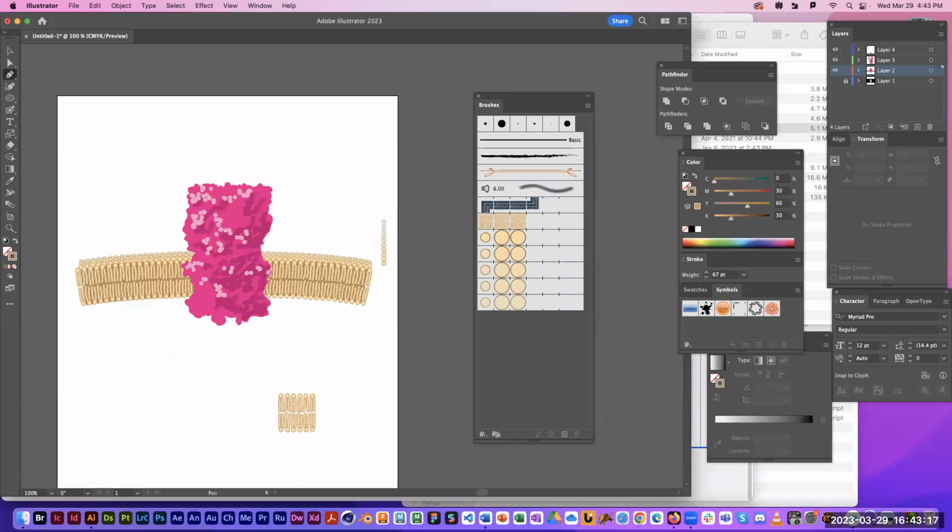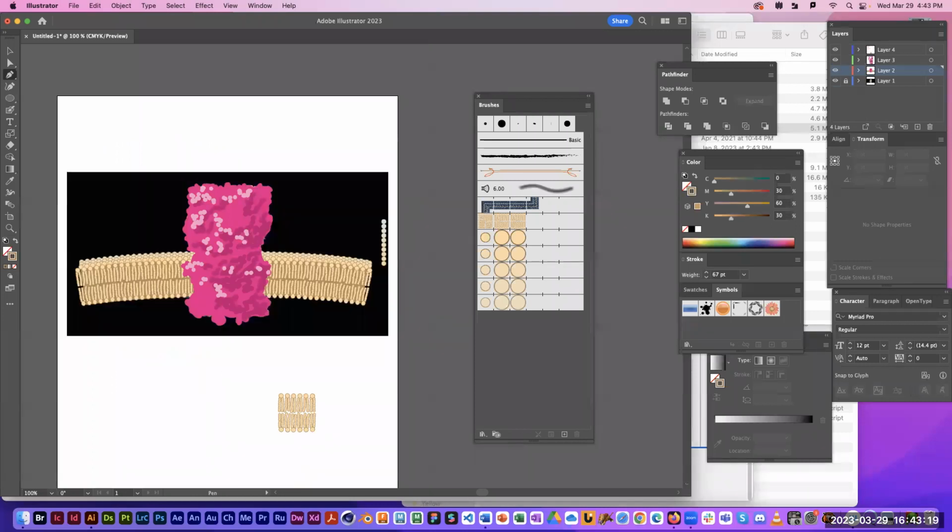So that's giving you the rough idea. Now you can go back here. This could be one version of the receptor. You might illustrate the outside of it.